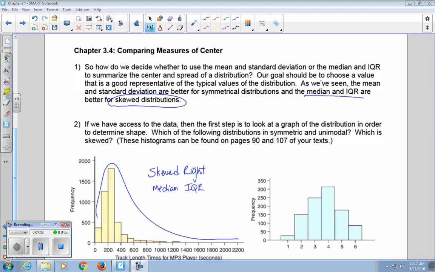The distribution on the right-hand side, on the other hand, is definitely more symmetric, and we would use the mean and standard deviation to describe this data.